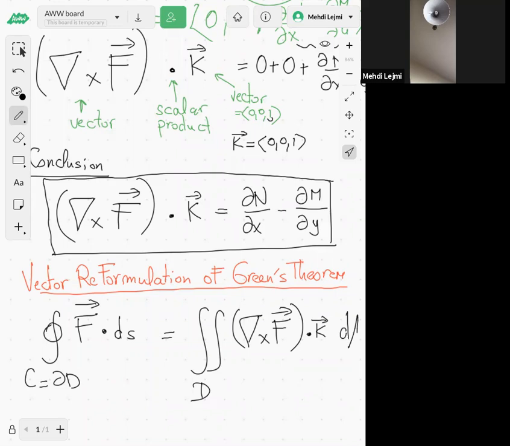So here's dA. This is just the area element.